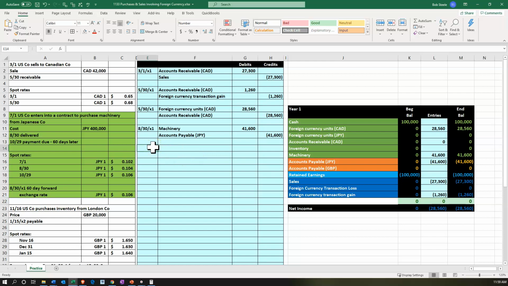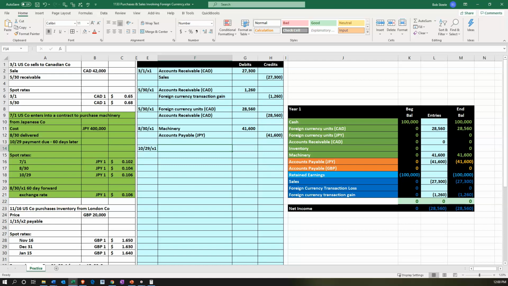And then on 10/29, the payment is due, and that's going to be 60 days later. So I'm going to say X1 is now due. So there's going to be a change now in the payable, similar to the receivable we had up top.